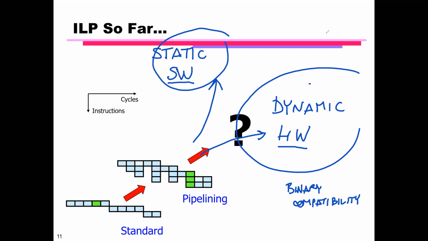You don't want to go to Adobe and say, please recompile everything because I have a different version of the processor. If you are Adobe, you don't want to maintain 76 different versions of your binary depending on exactly which model and which version of Intel processors you have.